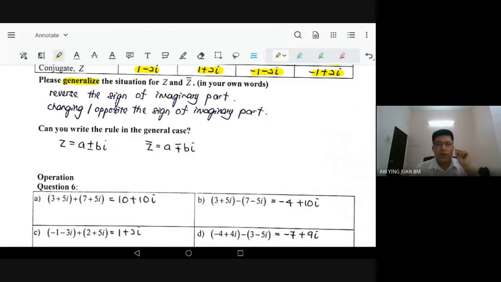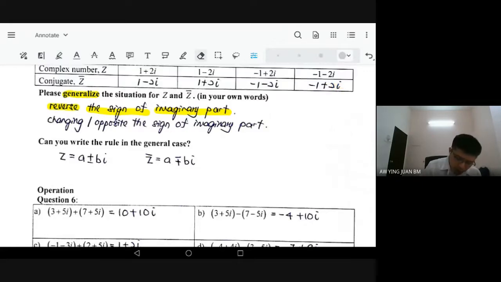Tapi ingat, dalam matematik matrikulasi, jangan buat satu contoh, lepas tu buat kesimpulan. Oh, mesti macam ni. No. Tak boleh ya. So, generalize. Buat conclusion. For the situation, Z and the conjugate of Z. So, dengan itu, saya kata reverse. Harap faham. Terbalikkan. Reverse the sign of imaginary part. So, kalau you tengok betul-betul, memang pun saya fokus imaginary part sahaja.